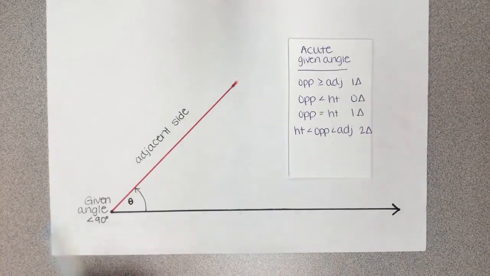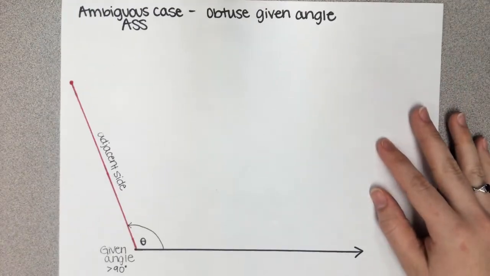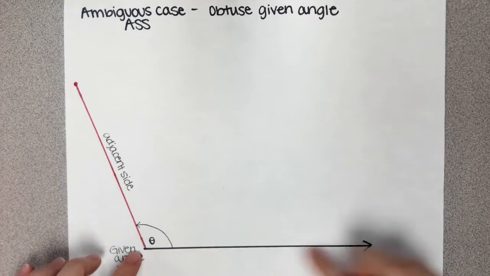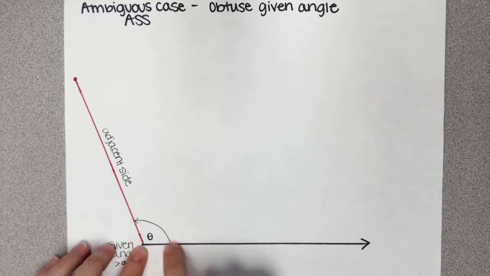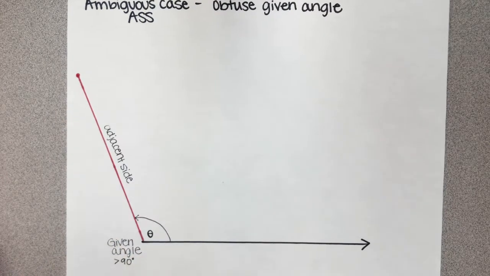All right, the other thing that I'm just going to show you is that if your given angle is obtuse, this is how you would set up your initial triangle. So we put the ray on the bottom again. We put our given angle here, only this time it's obtuse. This is the first side that I'm given. It is adjacent.